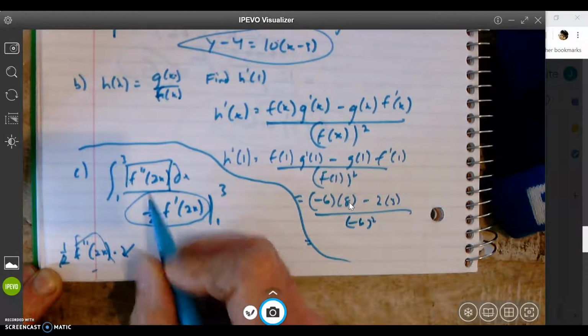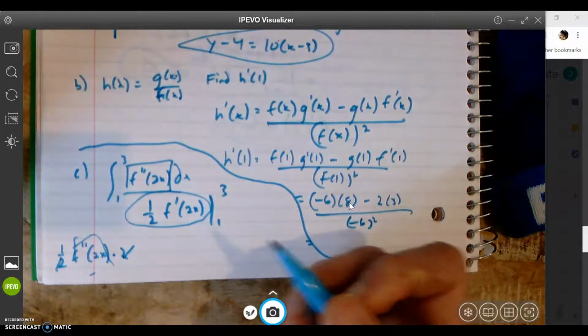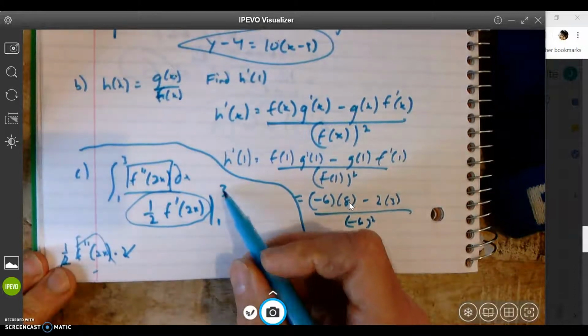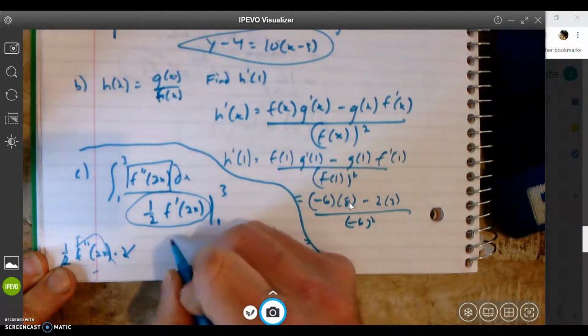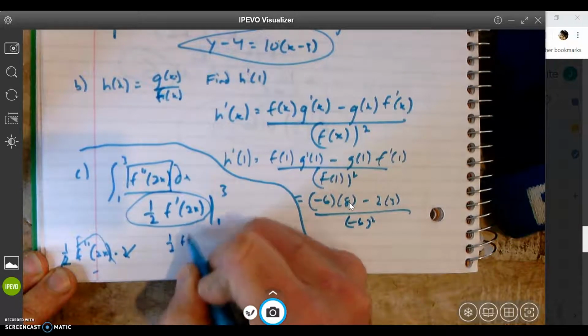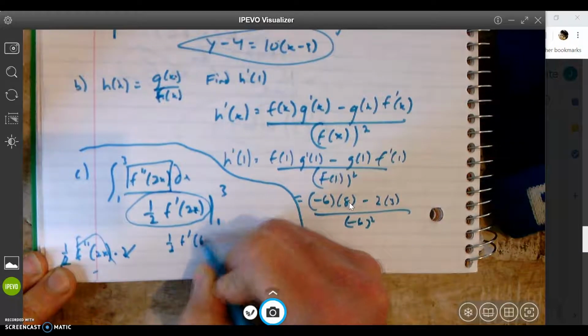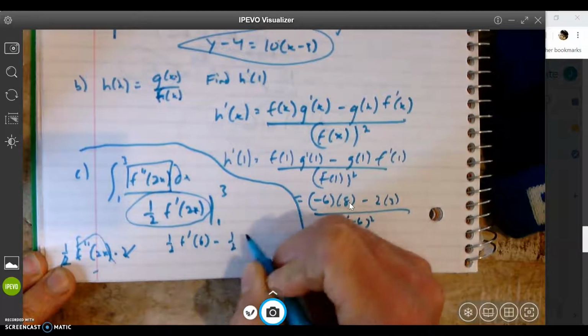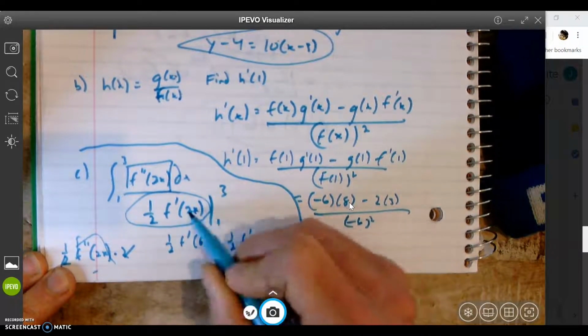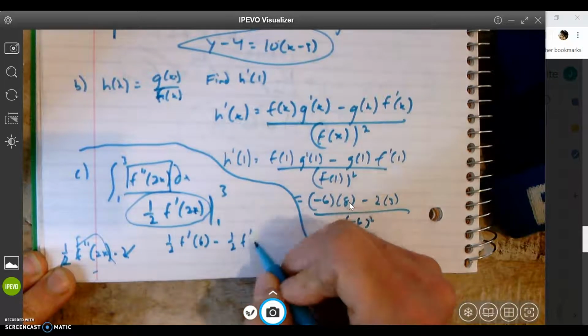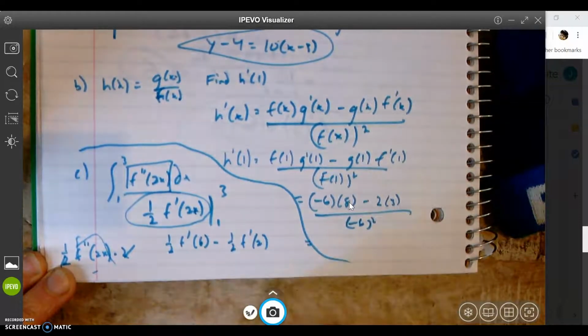So the derivative of this is actually this, so I just double check. Now I'm going to plug in 3 and 1 here. So it's 1/2 f prime of 2 times 3, which is 6, minus 1/2 f prime of 2 times 1, which is 2.